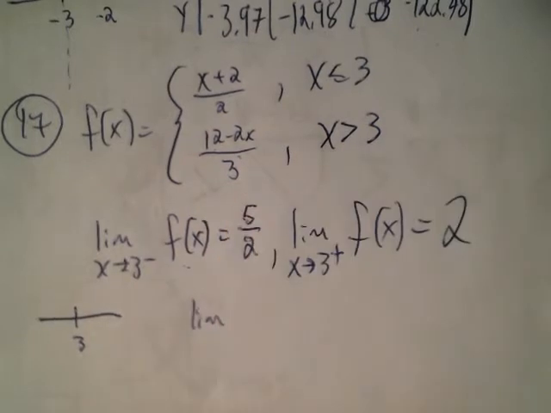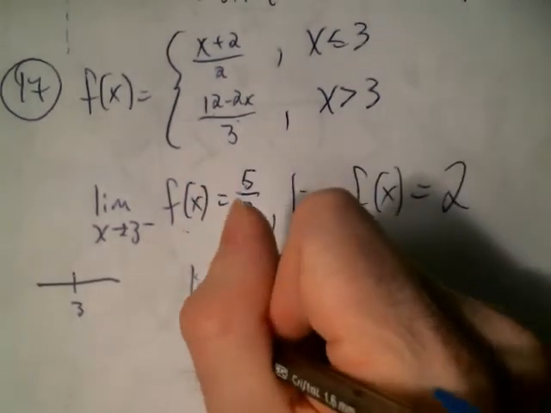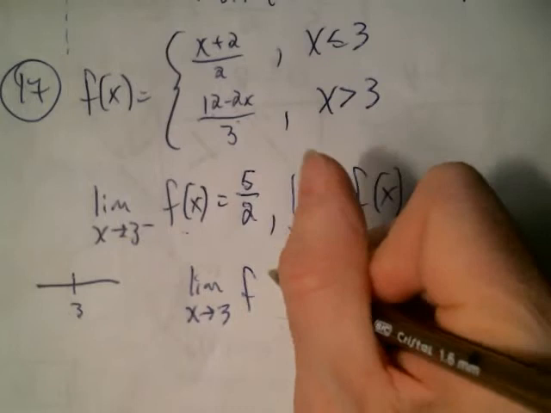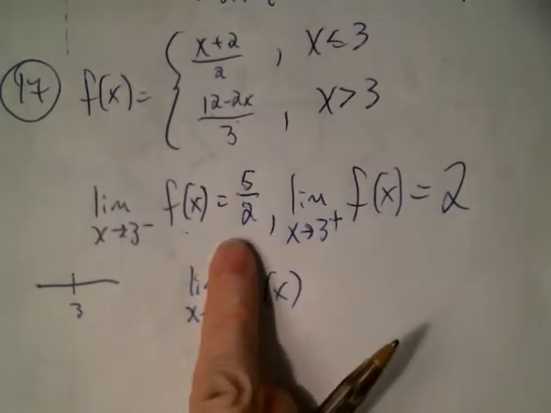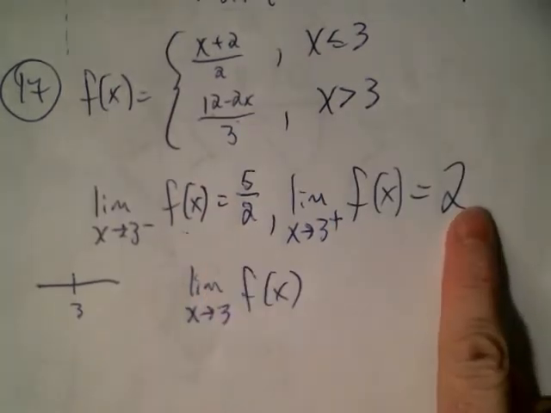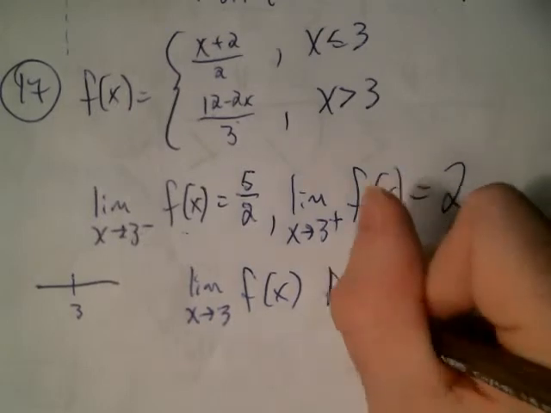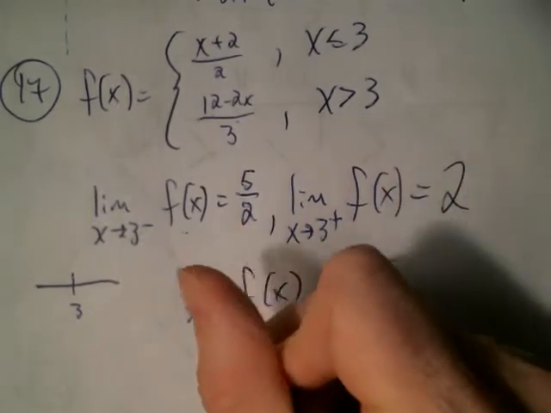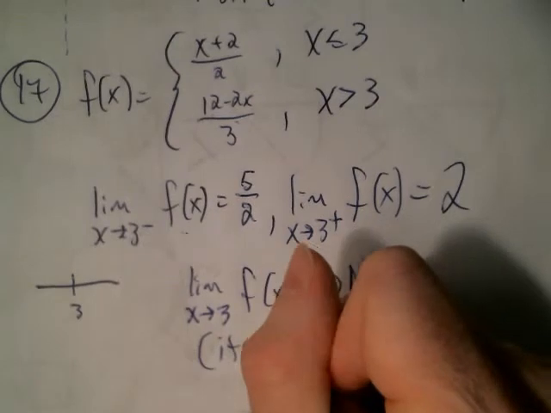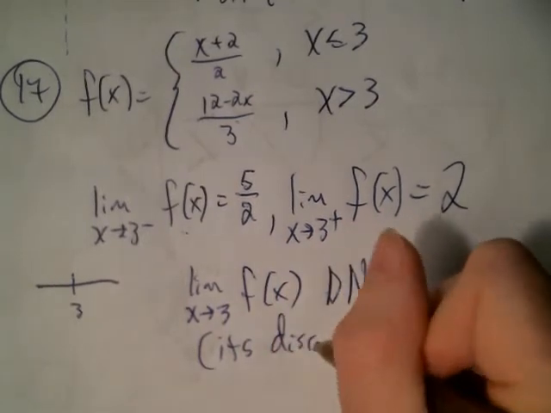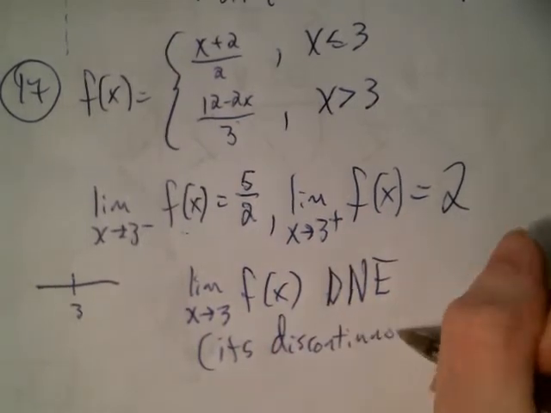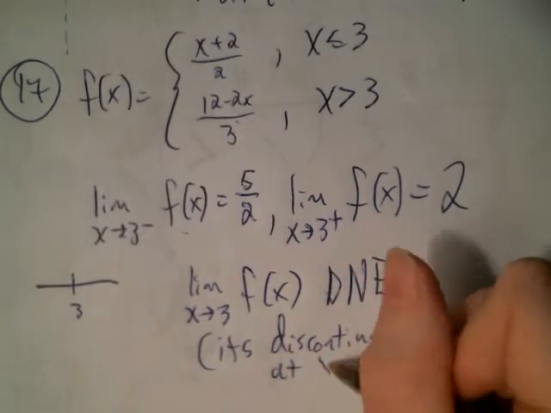And that was the second criteria for continuity. The limit as x approaches 3 of f of x, well, from one direction it's 5/2, from the other direction it's 2, so therefore it fails to have a limit, and we would say it does not exist. In other words, it's discontinuous at x equals 3.